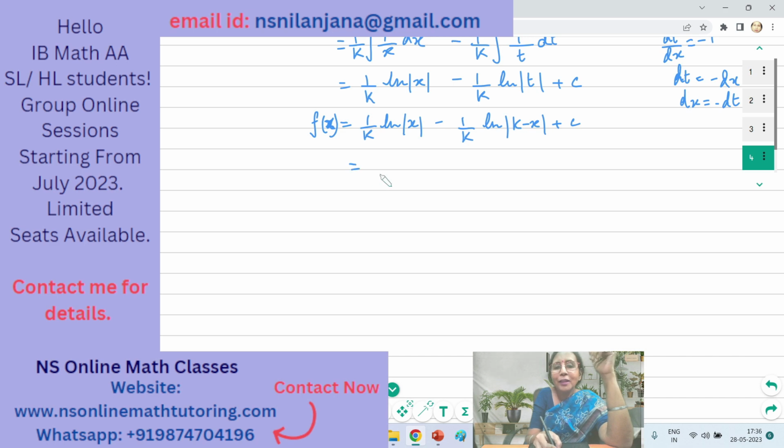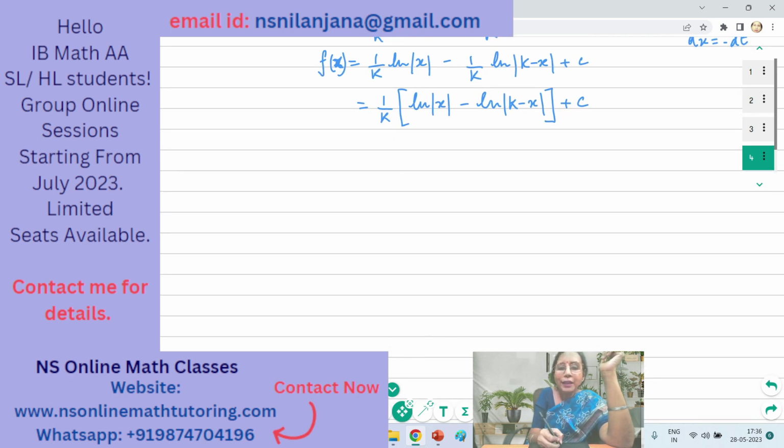First thing in the process of beautification of this expression is I can take 1 over k as the common factor, and it is ln of x minus ln of k minus x plus c. And we can use the property of logarithm, log of a minus log of b is equal to log of a over b.